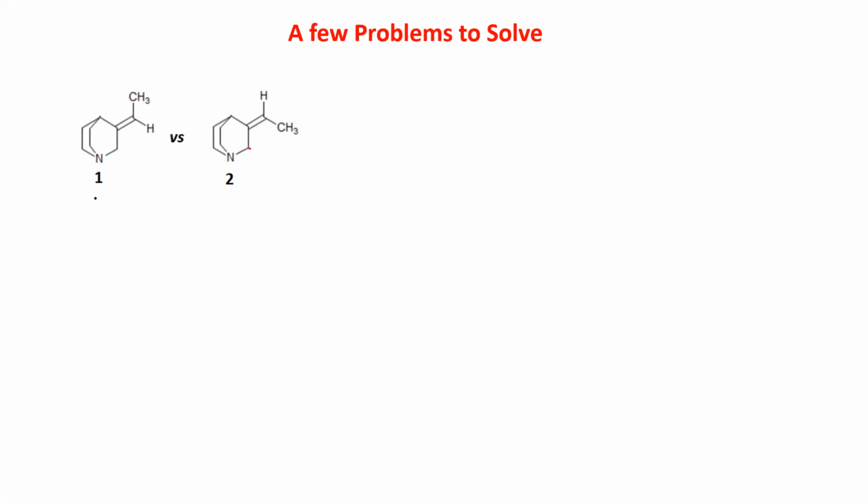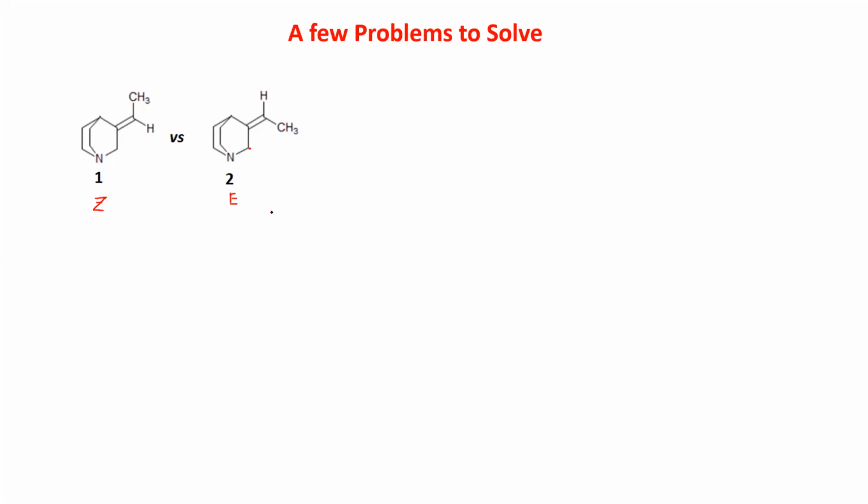So you are telling this is Z, this is E. Okay, how will you differentiate these two isomers by a nuclear Overhauser experiment?